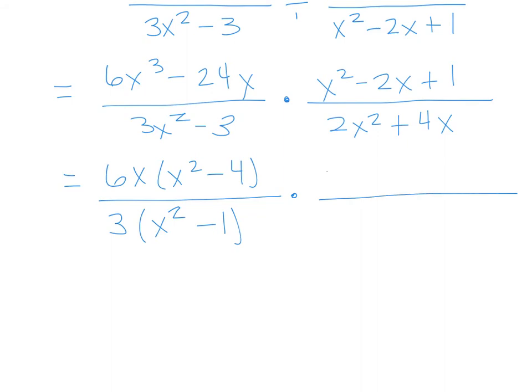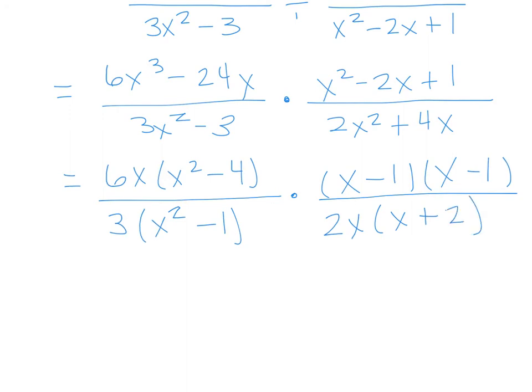Okay, the other numerator has a quadratic with leading coefficient of 1, so we're going to have an x and an x for the linear factors, and the numbers that multiply to positive 1 and add to negative 2 are going to be a negative 1 and a negative 1. The denominator has greatest common factor of 2x, leaving x plus 2.